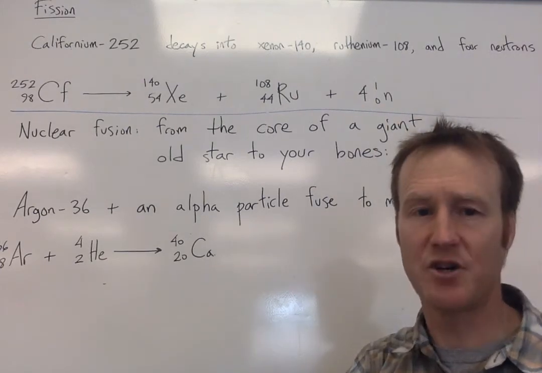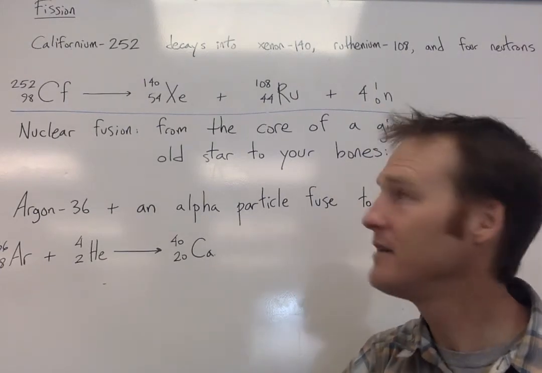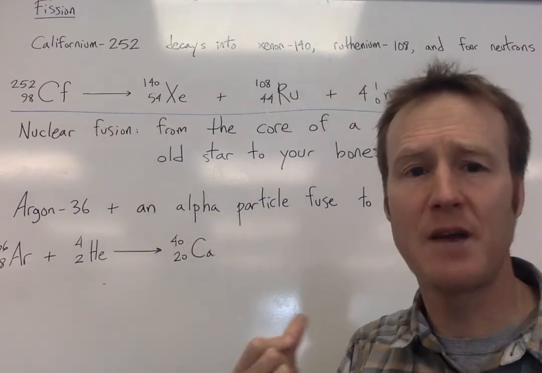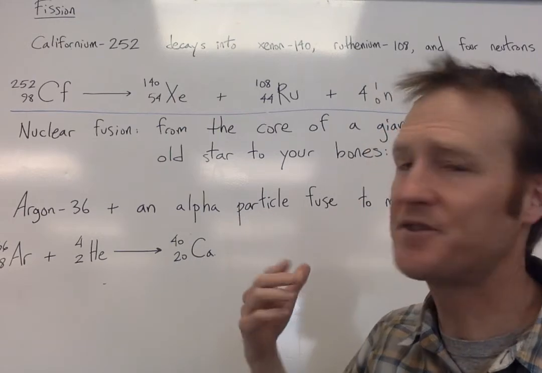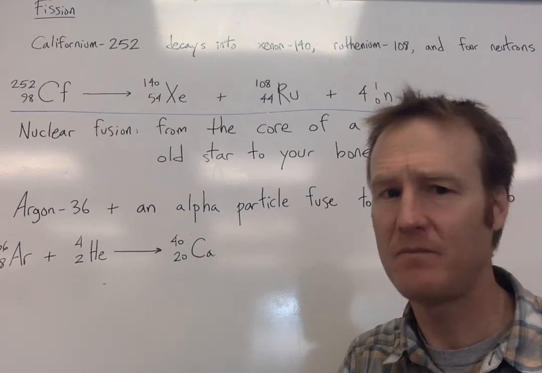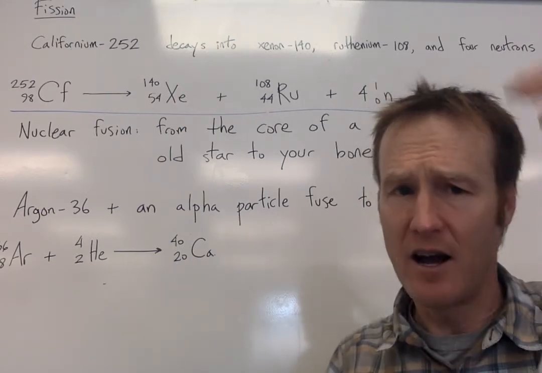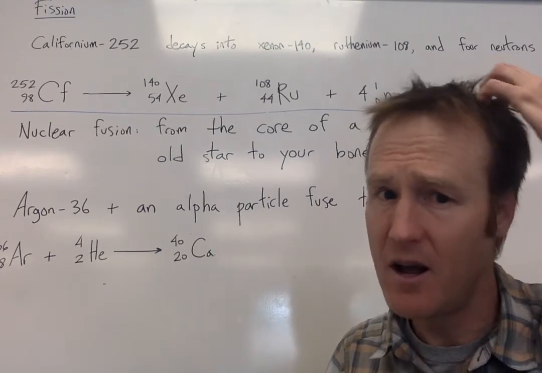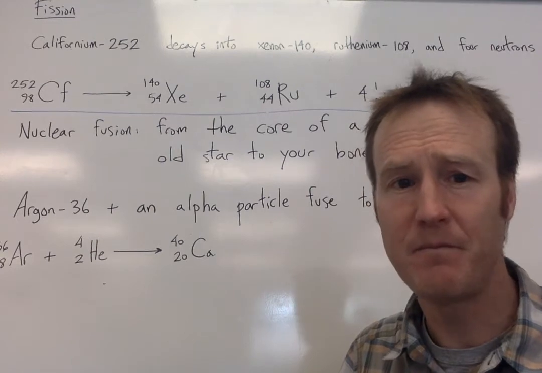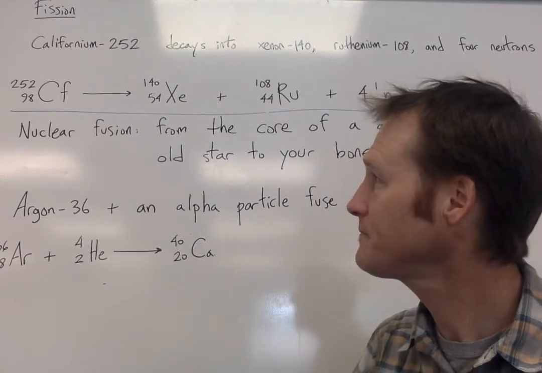Neutrons don't have a charge, so they're not included in that. The numbers across the bottom and across the top will always add up. So this is an example of fission. There are a lot of other examples of fission, and there are actually some that are a lot better known that I put onto the worksheet that you'll be able to work with.